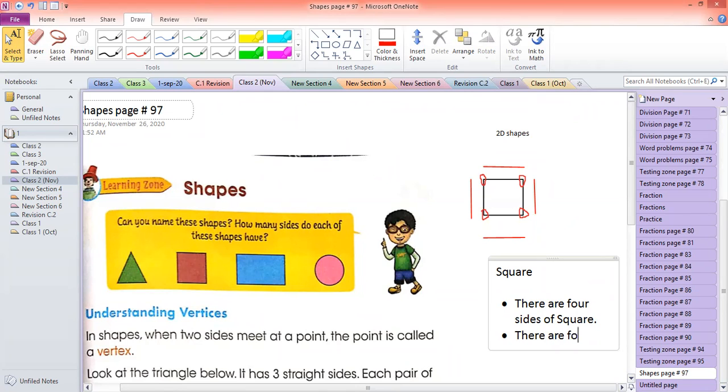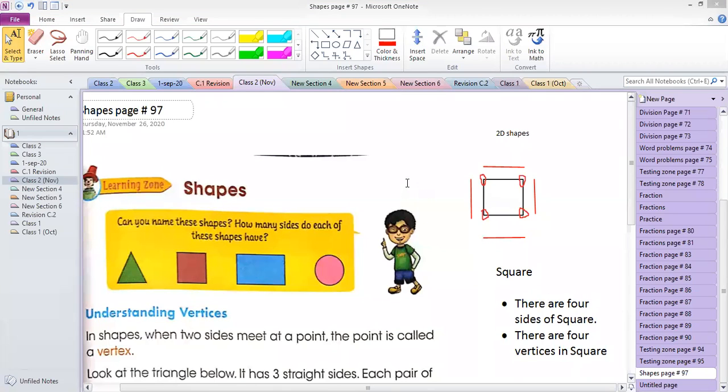There are four vertices in a square, and that means four corners.